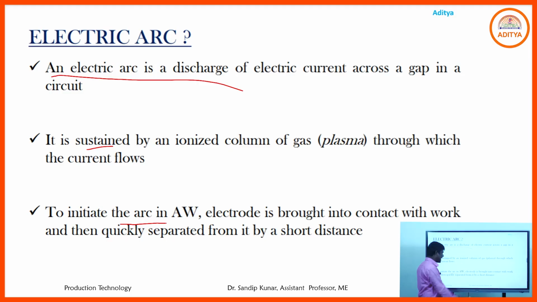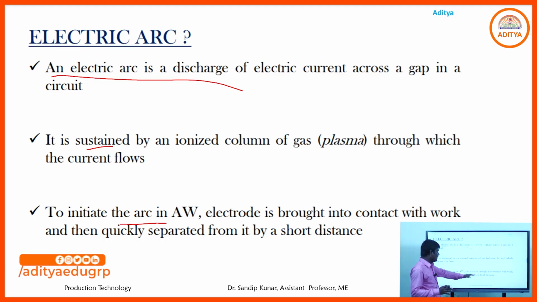To initiate the arc in the arc welding process, the electrode is brought to the workpiece and then separated by a short distance. Consider a metal plate and the welding torch kept at a very short distance.